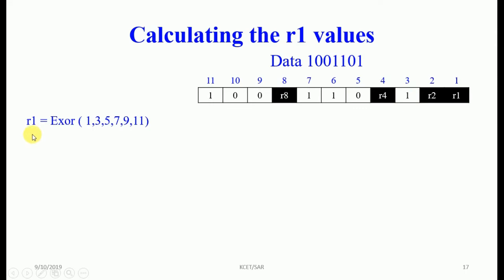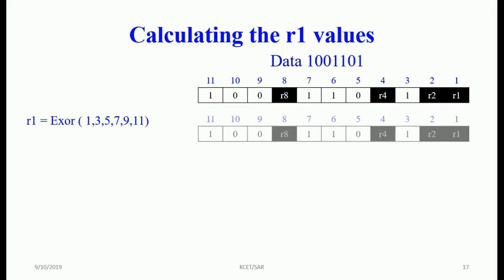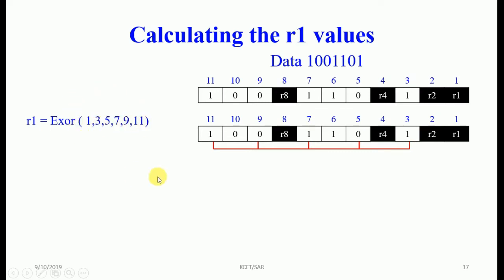How to find the R1 value? We already know the R1 value calculation is the XOR of 1, 3, 5, 7, 9, 11. As position 1 is our redundant bit, it can be eliminated from this R1 calculation. We are going to compare 3, 5, 7, 9, 11, performing the XOR operation.